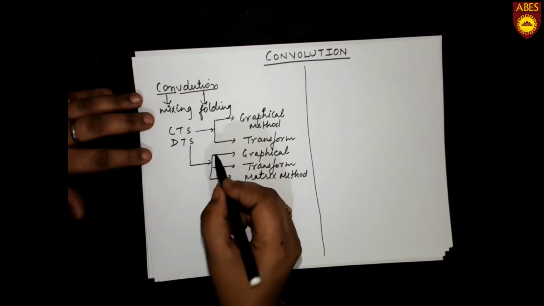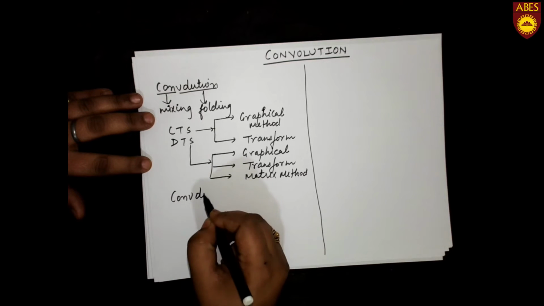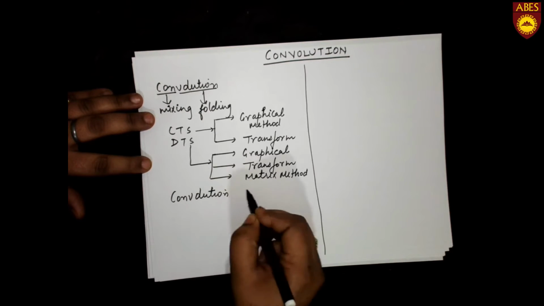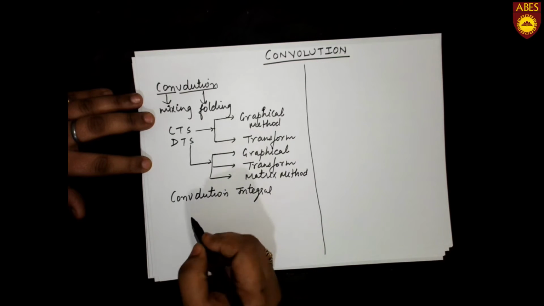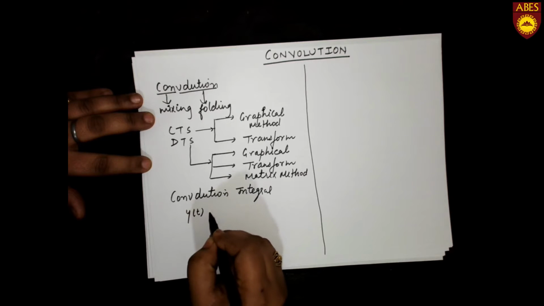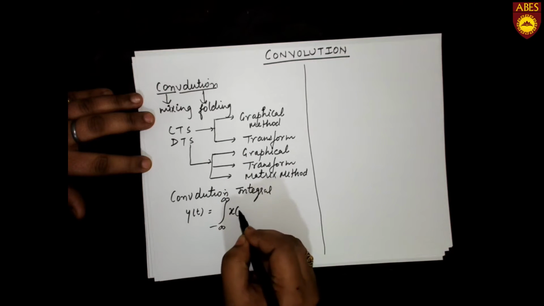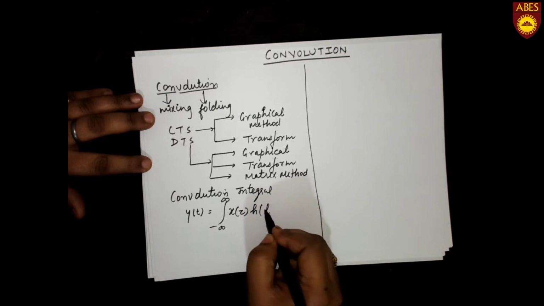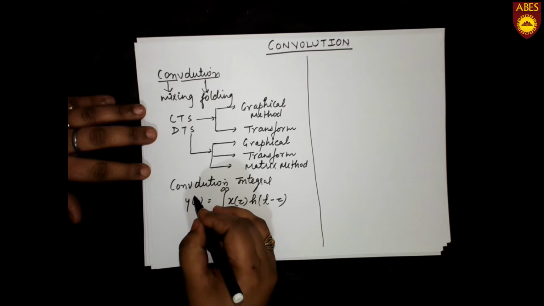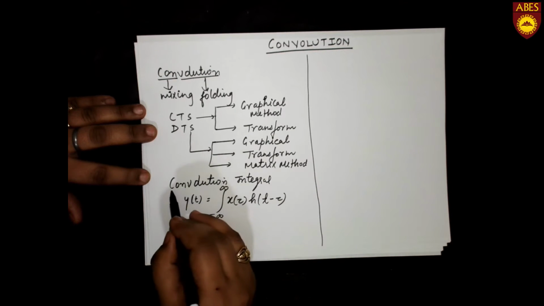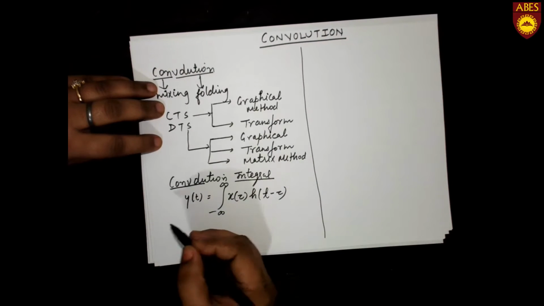Convolution for continuous time signal is referred to as the convolution integral, given as y(t) is equal to integral from minus infinity to infinity x(tau) h(t minus tau). So the convolution integral we will discuss through an example.